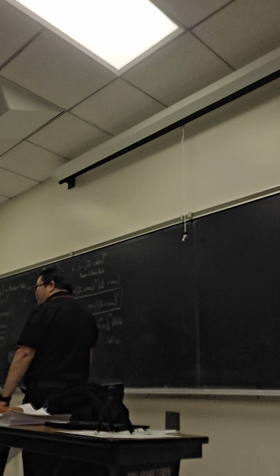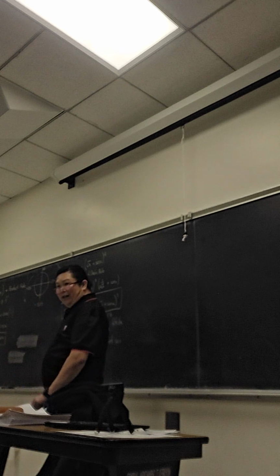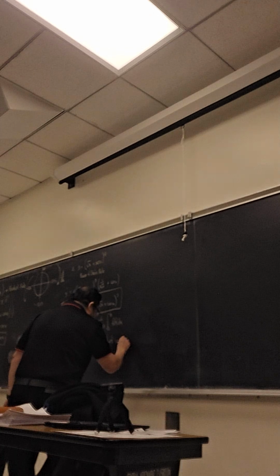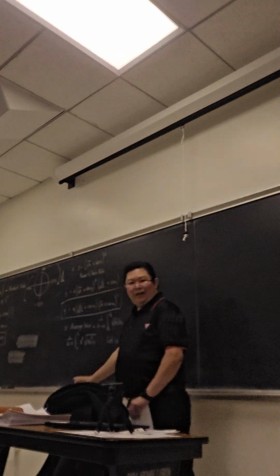So what is our u? The inside, right? Inside the radical is 3x cubed plus 1. Okay, guys?